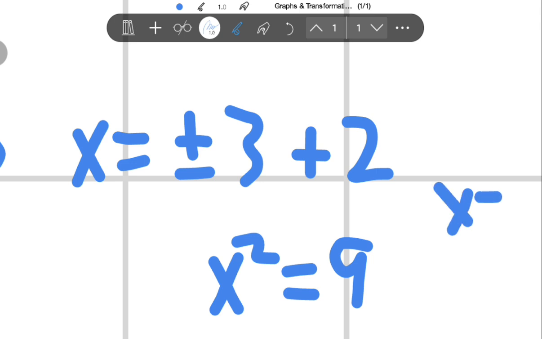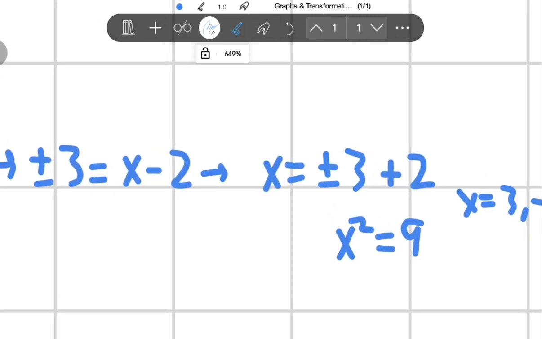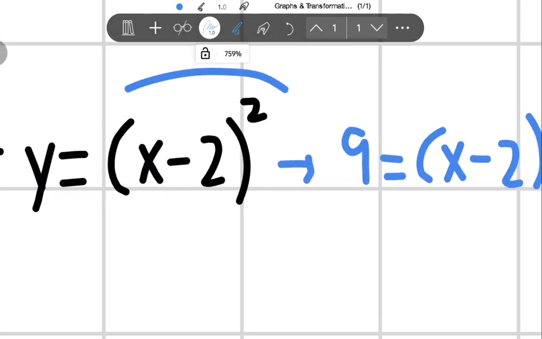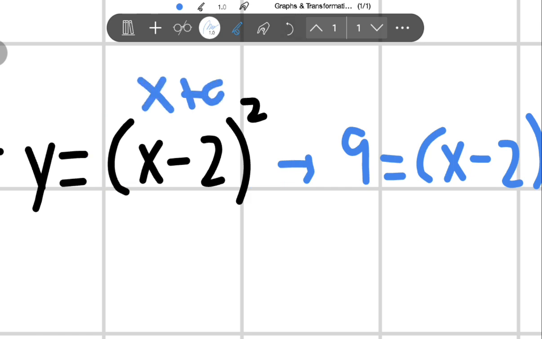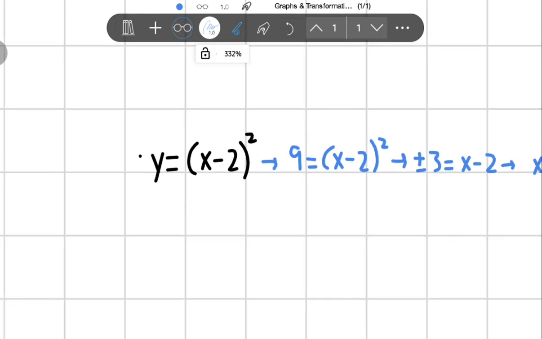So x was either 3 or negative 3. And in our new function, we assumed it to be x plus a, whatever. If we look at the standard form of it, we just took the opposite sign of it. So we added 2 to each x term, and that's basically the proof of it.